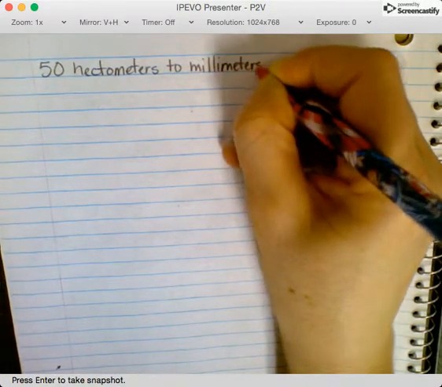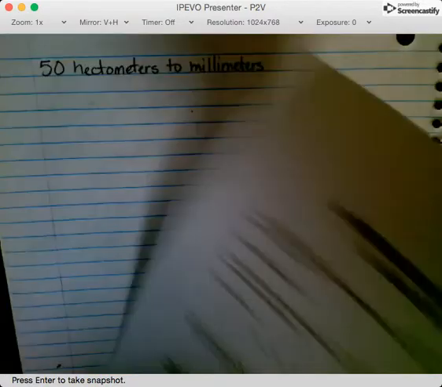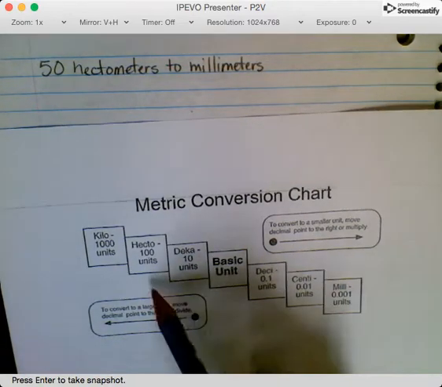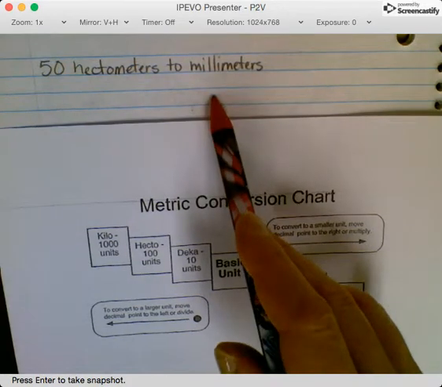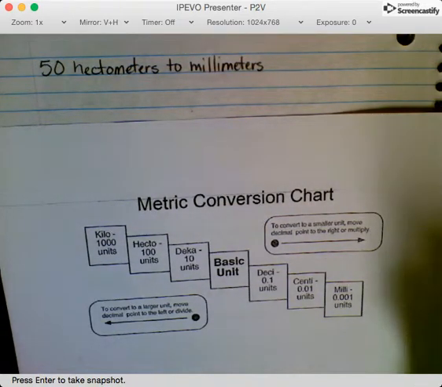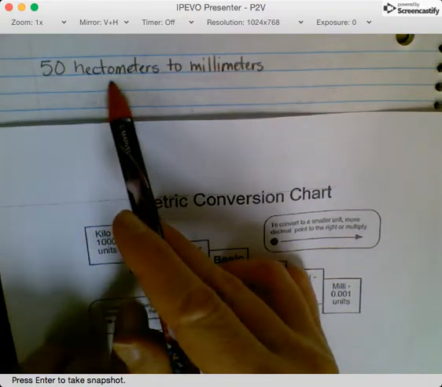millimeters. Where I would start is either on the front of your notes sheet or on the back. I have provided the basic units and the prefixes that go with the measurements. What you would do first is look for your starting unit, which is hectometers.